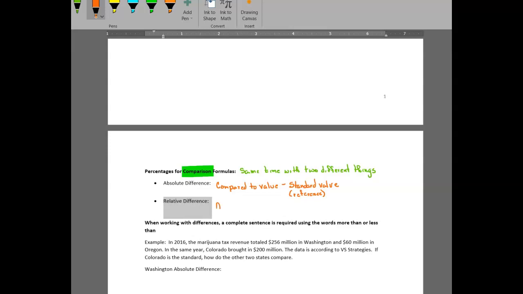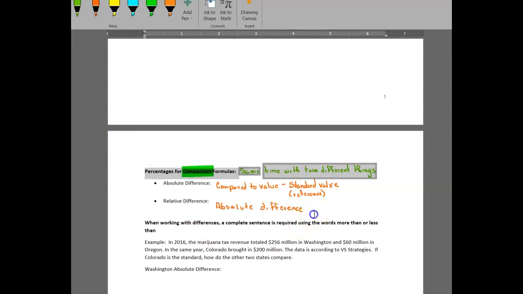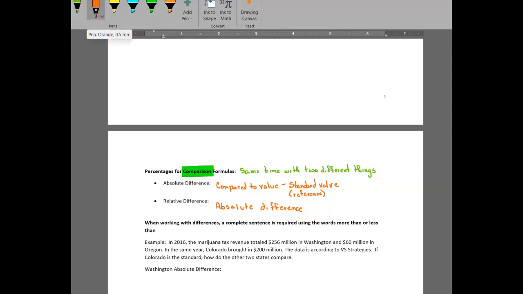So we're going to take the absolute difference and divide that by, instead of the old value, the standard value or the reference value.